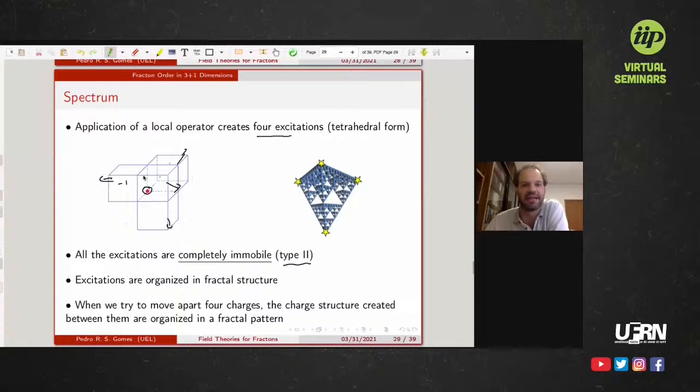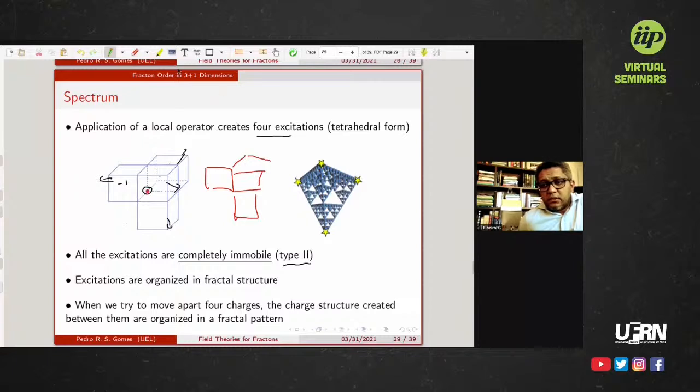They are organized in a fractal structure. So I think the best way is to try to construct and apply this kind of operator. It's hard to draw here, but you see that you don't have available the same mechanism as before, as in the case of the Chamon code. It's more or less a mathematical way to see this. Thank you for your answer.